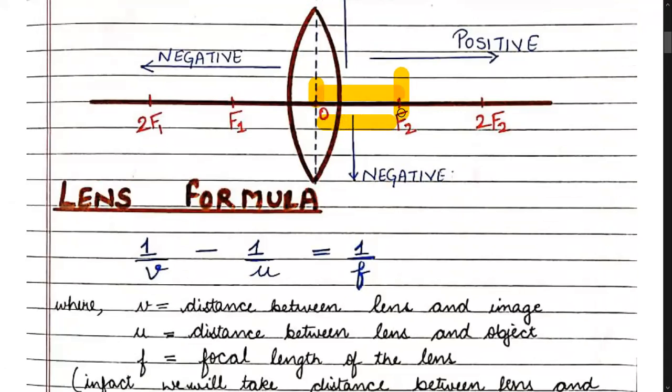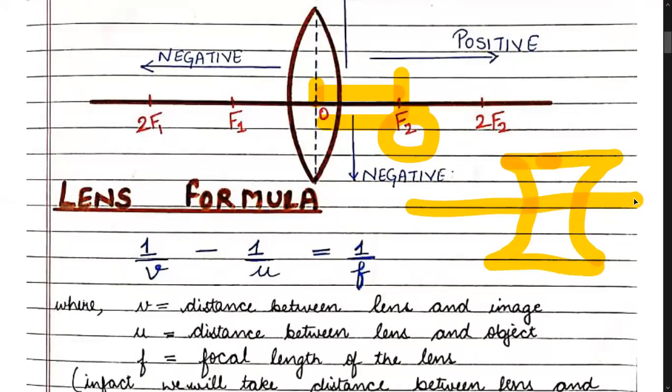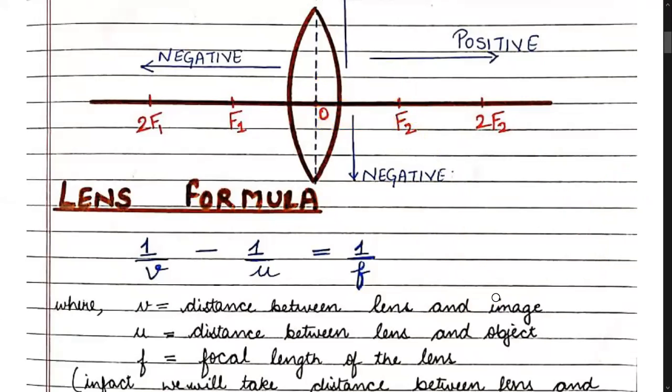Not the first focus, the second focus. So in case of a convex lens, the second focus lies on the right side, while in case of a concave lens, which we did last week, the second focus was lying on the left side of the lens. So what does it mean?